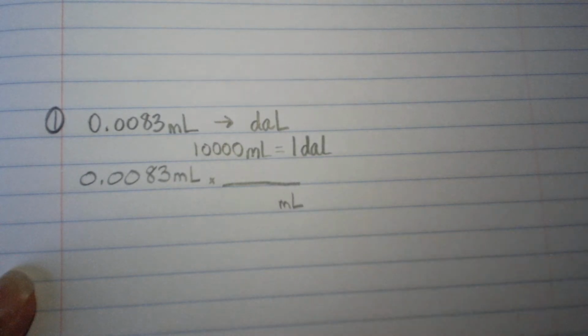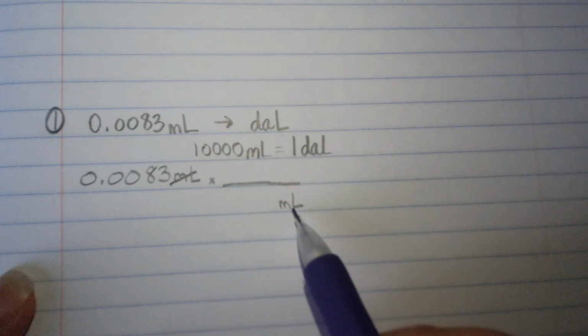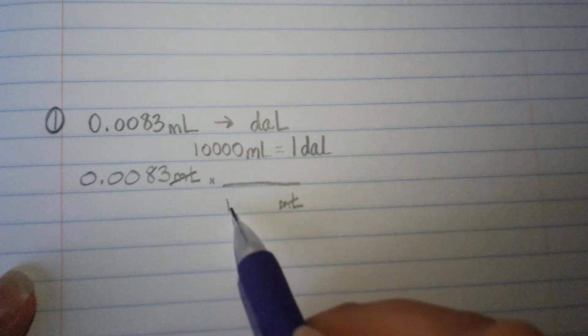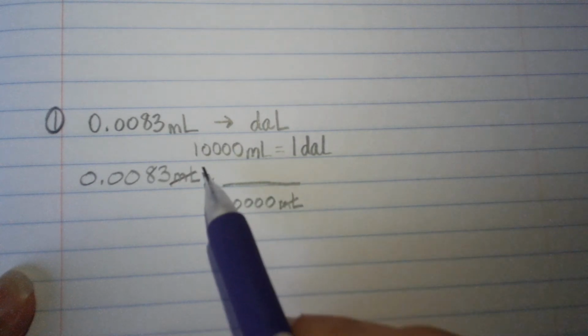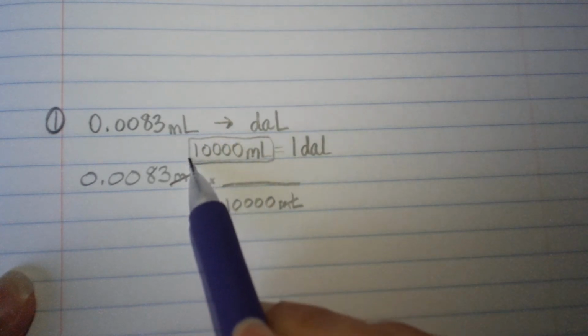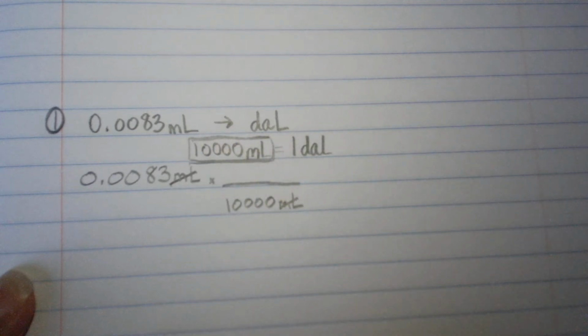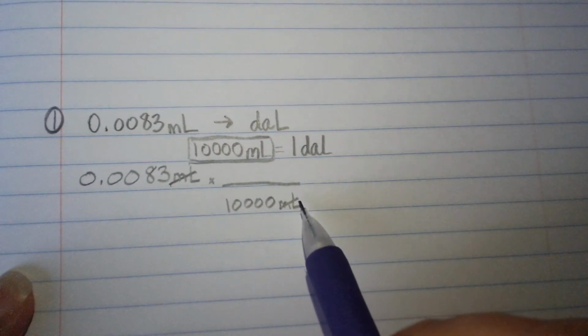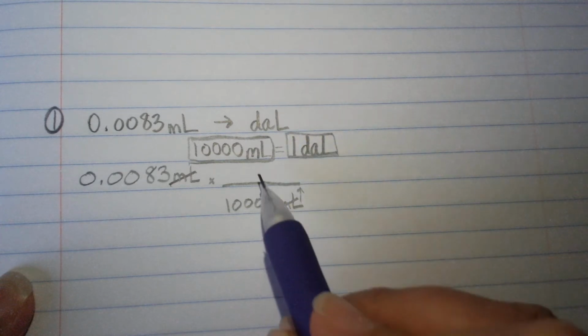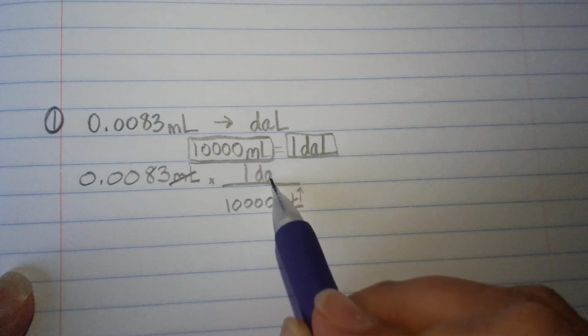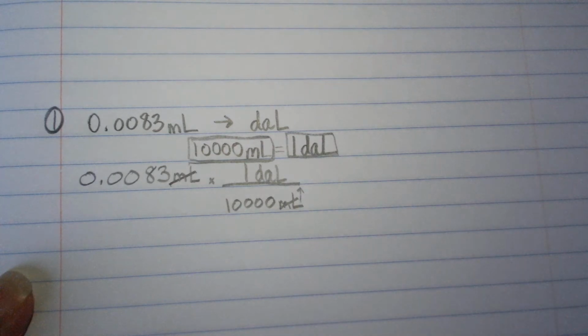Little whisper voices. And milliliters. Because remember, if I divide milliliters by milliliters, then I'm going to get rid of them. So I can cancel those out. I know that my 10,000 is going to go with the milliliters because in the conversion they are together. So in the problem they have to stay together. I'm going to come up with the other part of my conversion. So that's 1 deciliter.